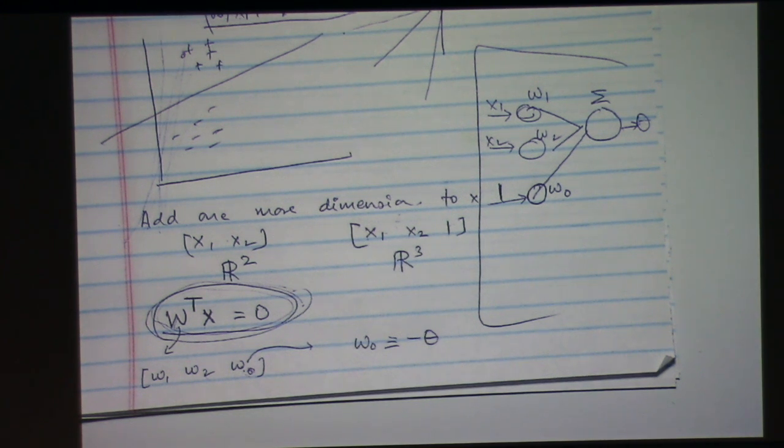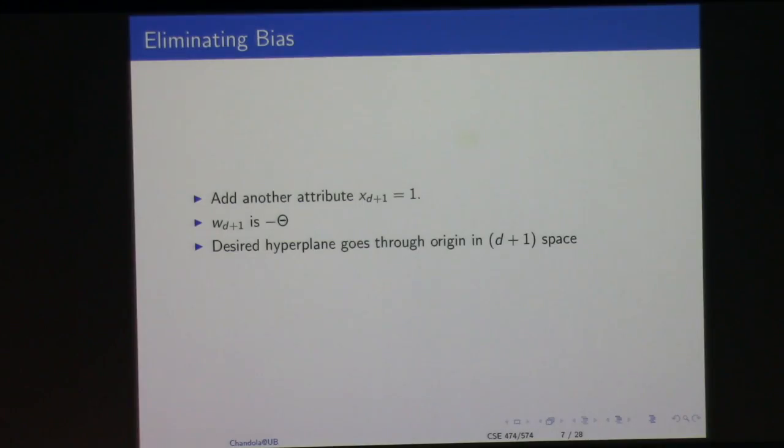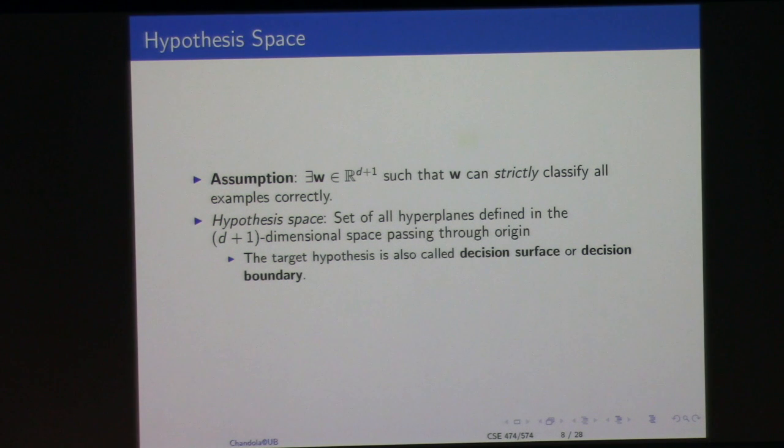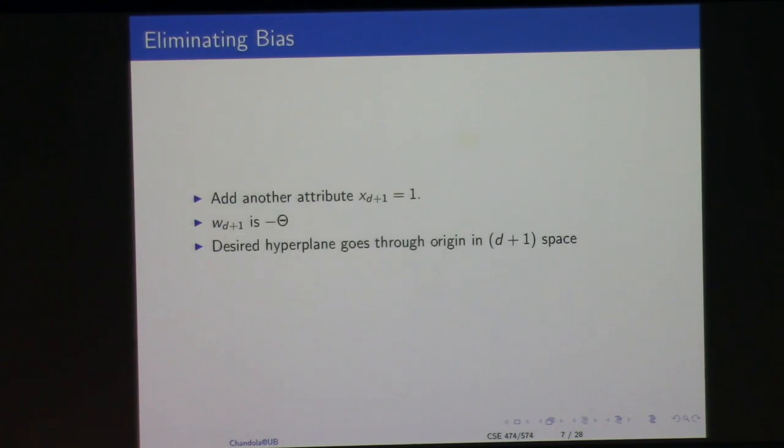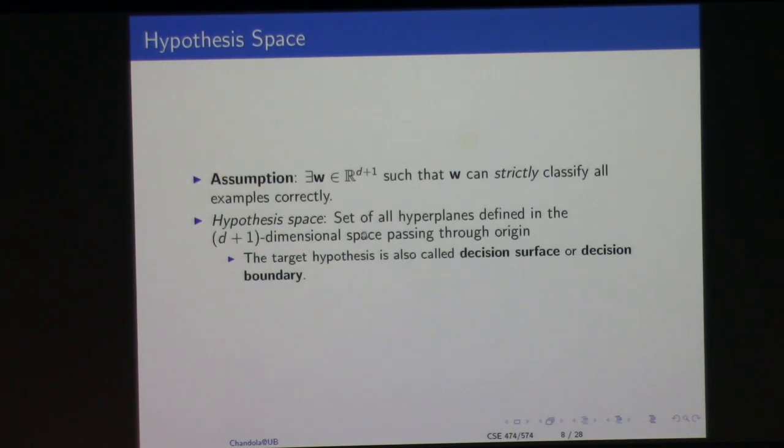Any questions so far? All right, so now let's look at the algorithm that we want to understand. What we have done now is we have added the bias, so we have removed that theta term altogether. So all we want to learn now is an equation of a line, which is W transpose X is equal to 0, right? So this is our hypothesis space now.